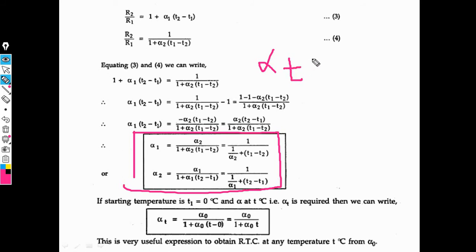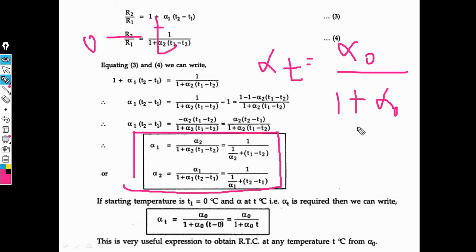Here we have considered temperature from 0 to t, that is alpha 0, then 1 plus alpha 0 (t minus t0).